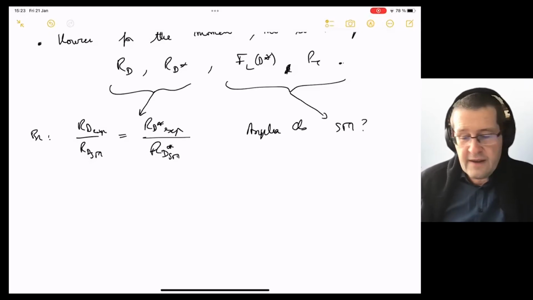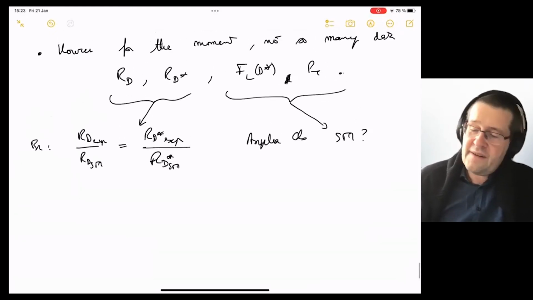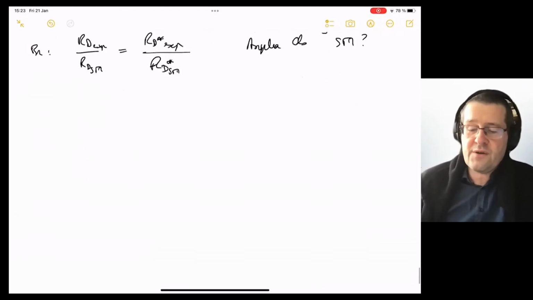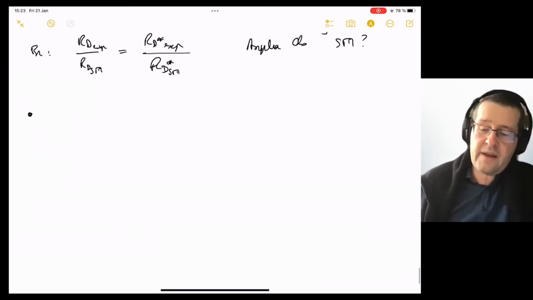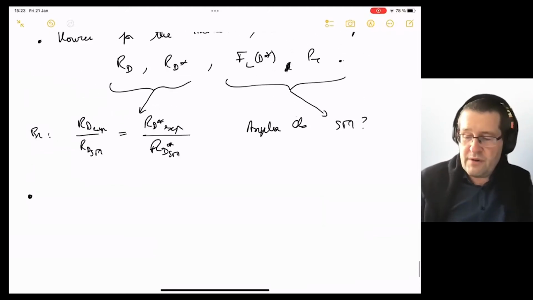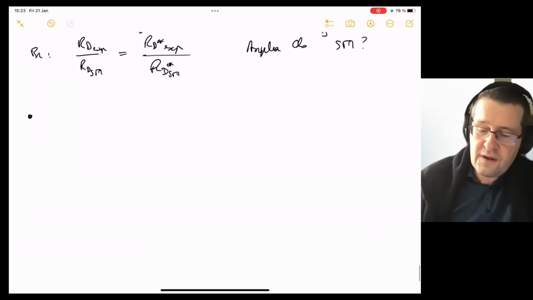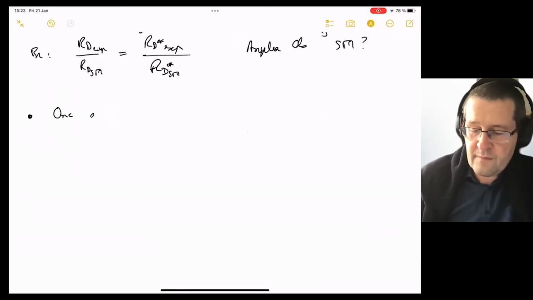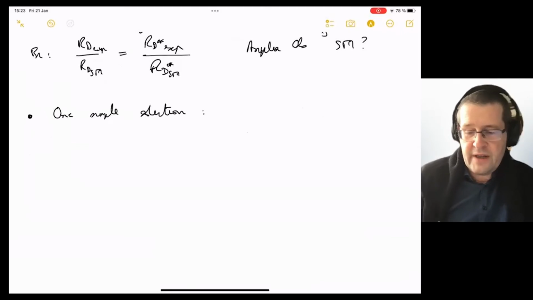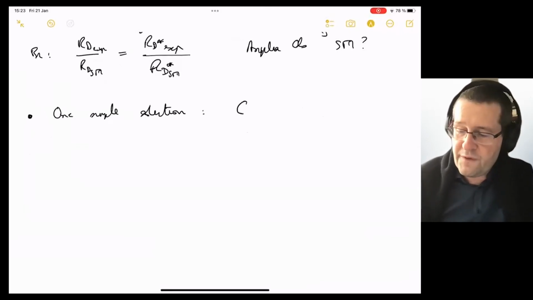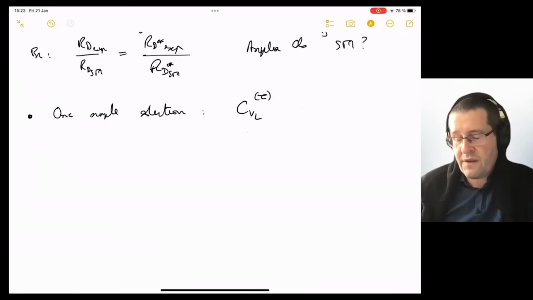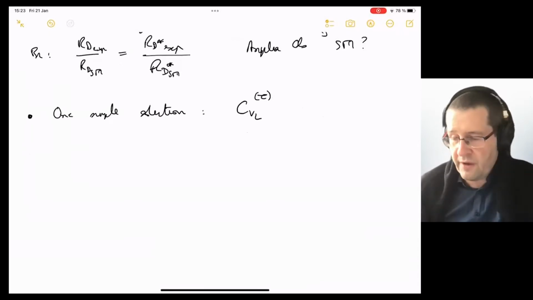So one very easy way to start doing this is to say, if I want to be able to reproduce that, there is a very simple solution. You just have to change the value of CVL for the tau. I remind you that this is the Wilson coefficient for the standard model.